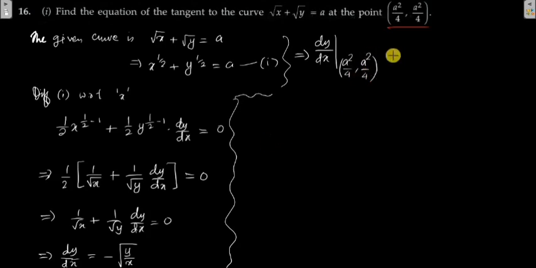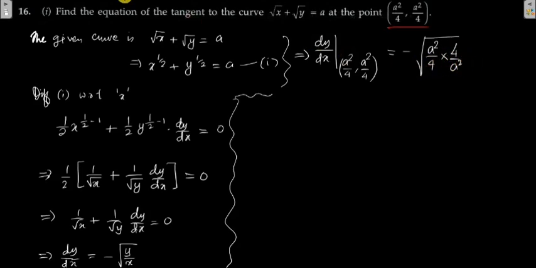Now this is equal to negative of, see here carefully, we have in the numerator y, and the value of y is a square by 4. Now we have y divided by x, so write this divided by as into. In the denominator you have x, and x is a square by 4. Since you have written this as into, this a square by 4 has to be written as 4 by a square.